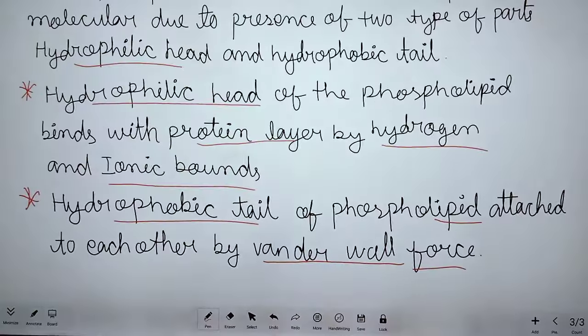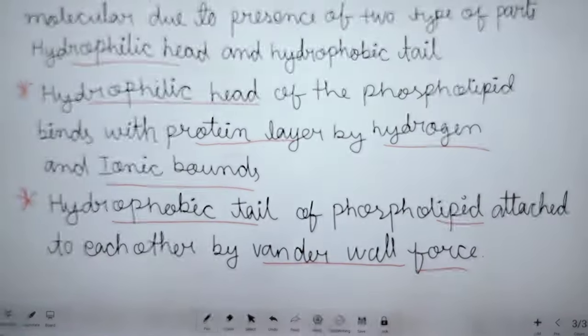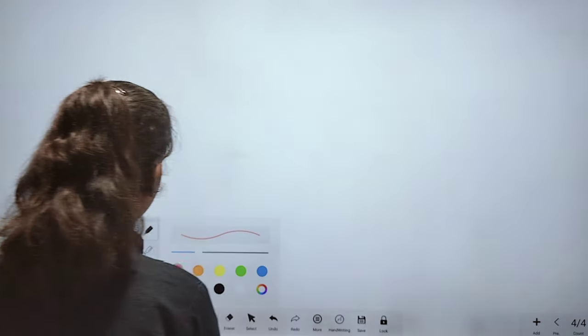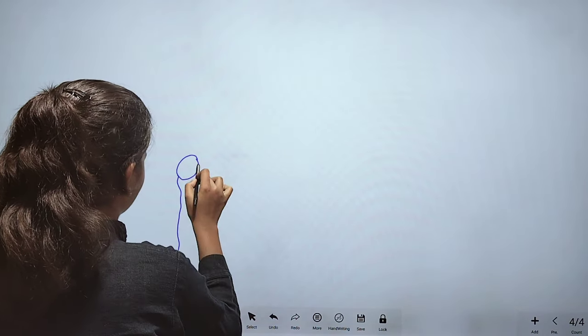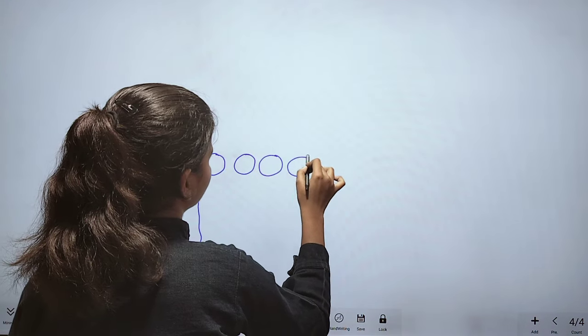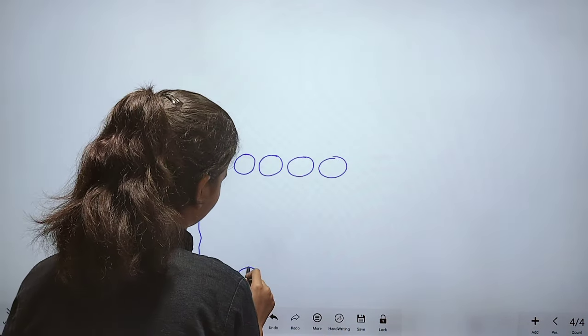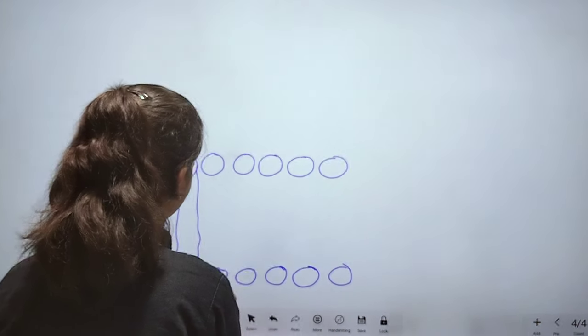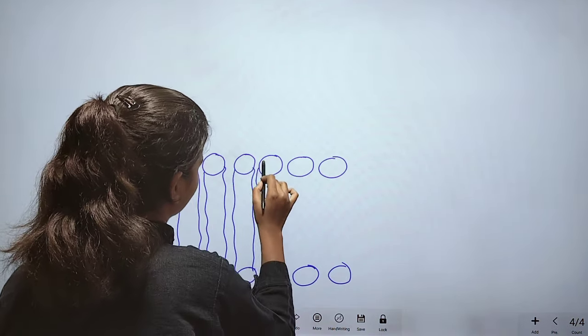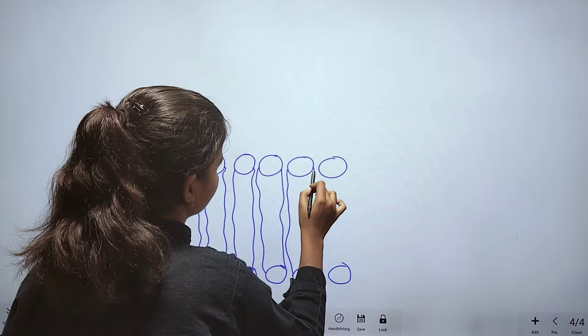Okay, and now let's see the figure of the trilamellar model. This one is the tail.